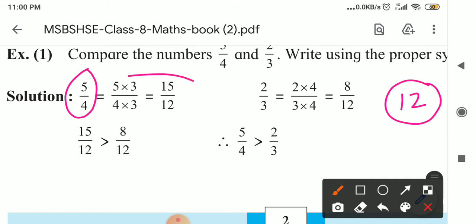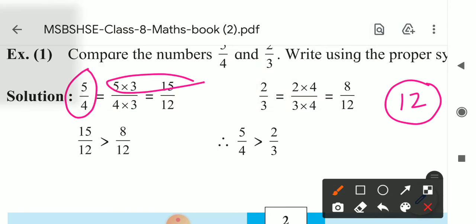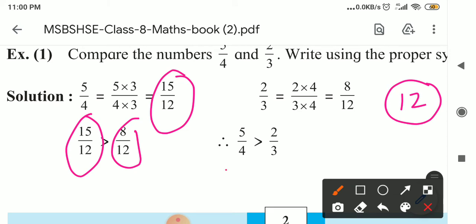So 5 threes are 15, 4 threes are 12. And here in 2 upon 3 we multiply by 4, because we want 12 in the denominator. So 2 fours are 8 and 3 fours are 12. And then we write: 15 upon 12 is greater than 8 upon 12, and that's why the value of 5 upon 4 is greater than the value of 2 upon 3.